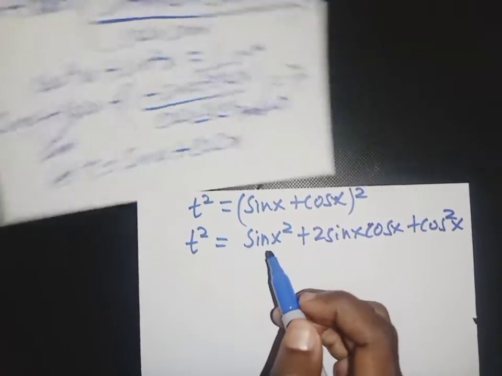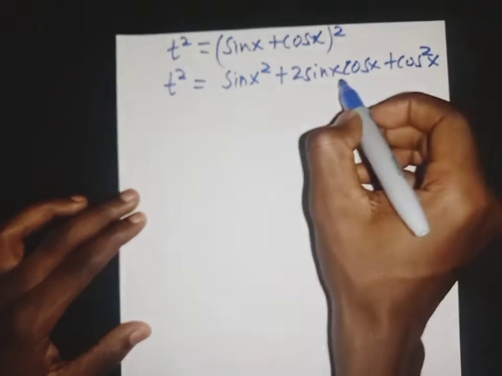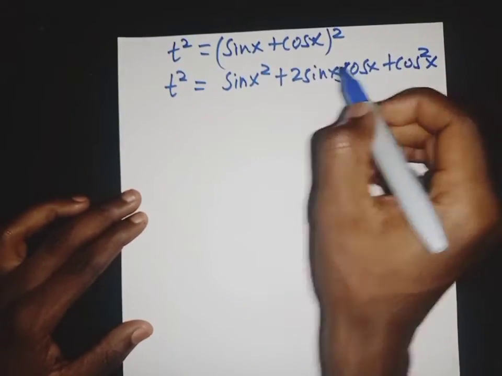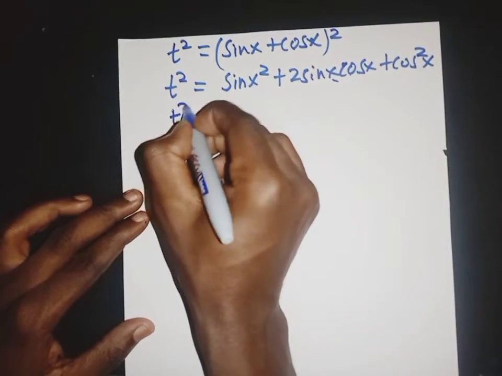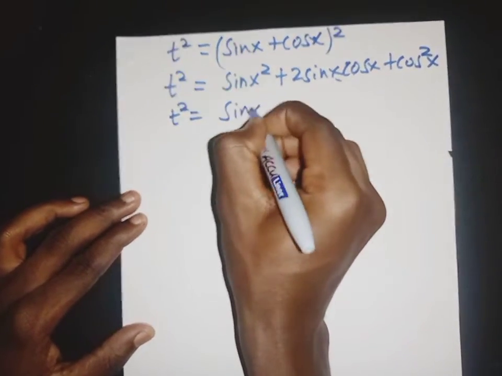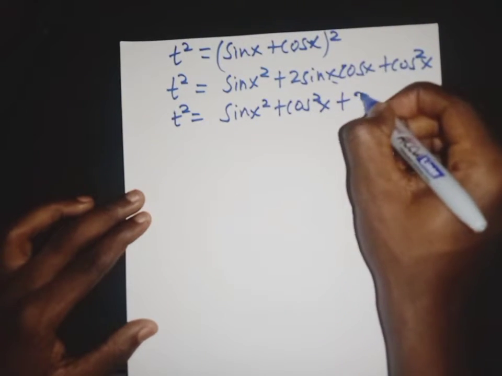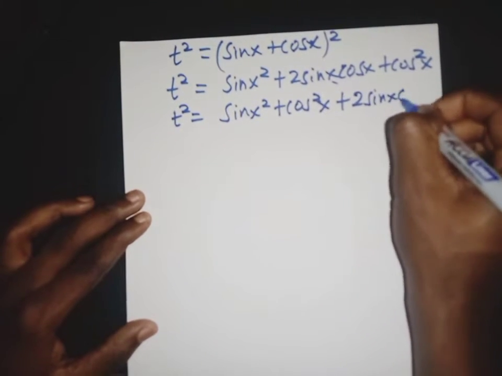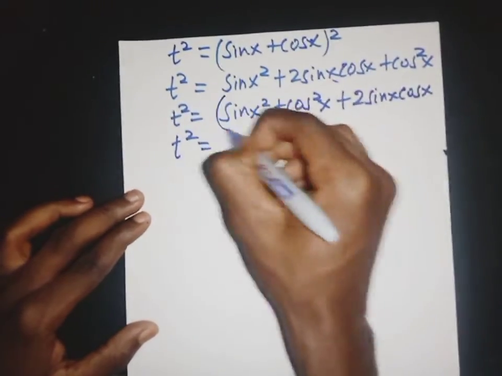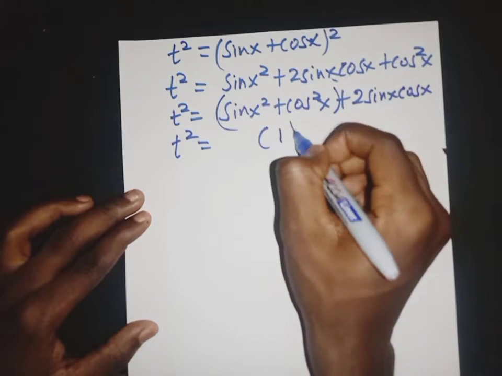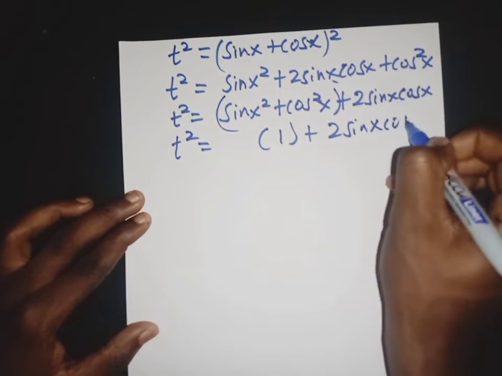But remember that sine squared x plus cos squared x equals 1, so all of that goes to 1, and we are left with 2 sine x cos x.